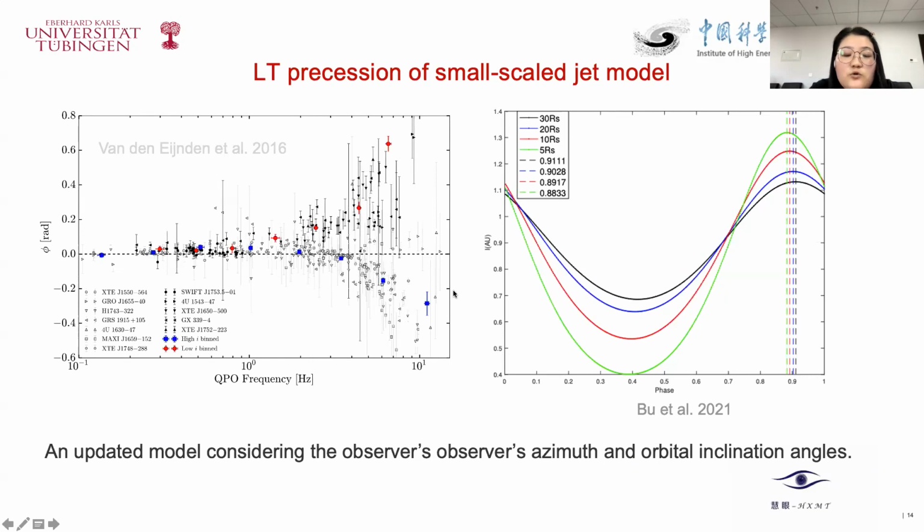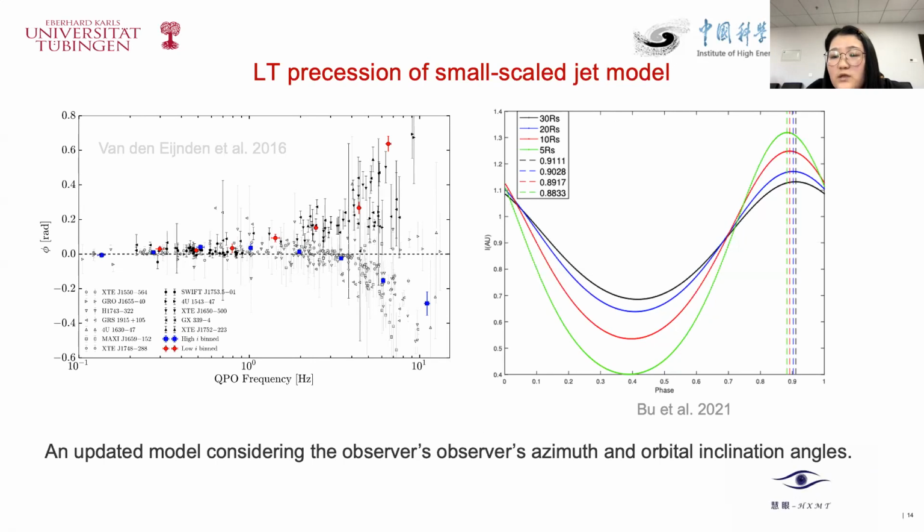So we update this model by considering the azimuth angle from the observer and the orbital inclination angle, and we are able to reproduce the inclination and energy dependence correlation. As you can see in the right panel, I show the simulated light curves from different radii of the jet, and the vertical lines show the central maximum phase of the light curves at different energies.